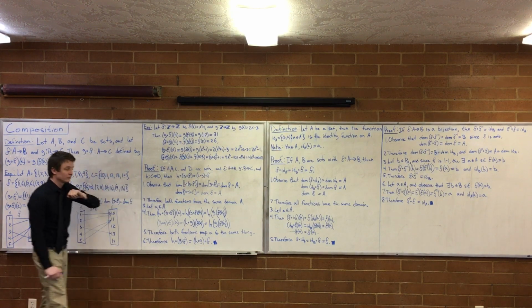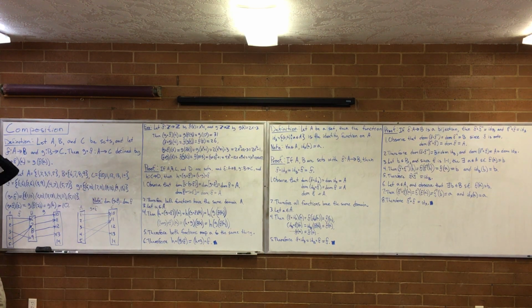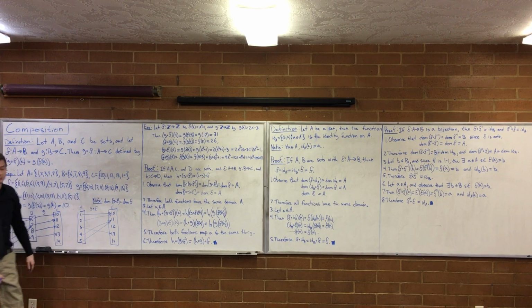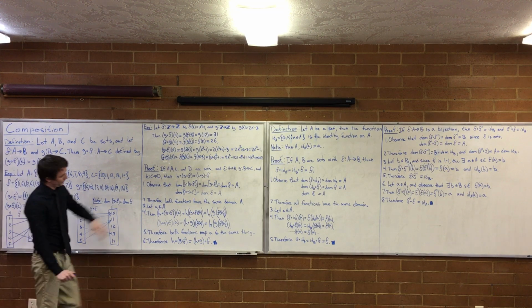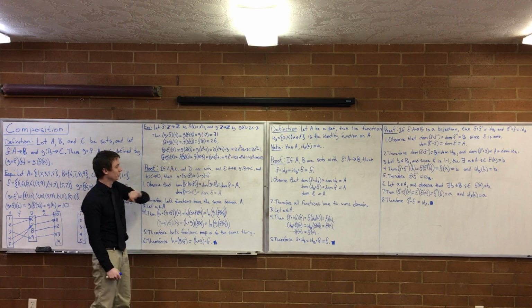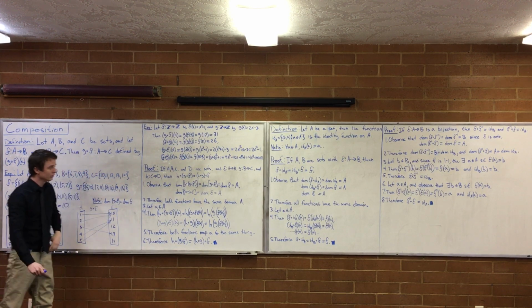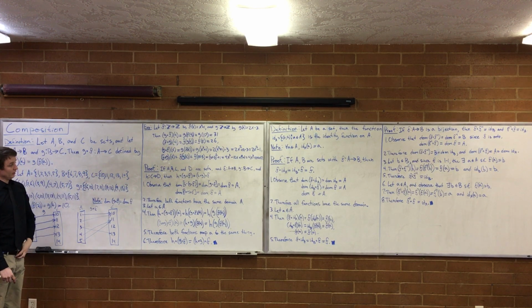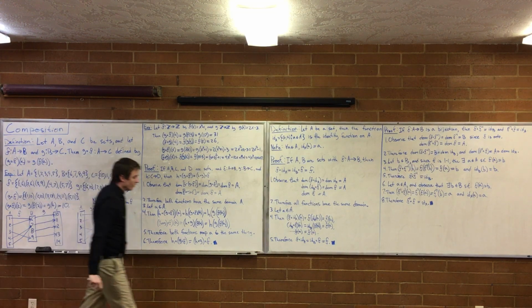In other words, it's associative. We already said it's not commutative, but it is associative. You can associate any 2 of those together that you want. Order doesn't matter. So let's prove that these 2 functions are equal.